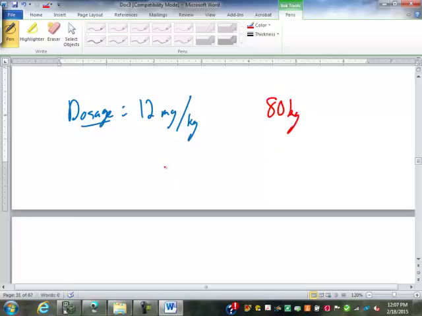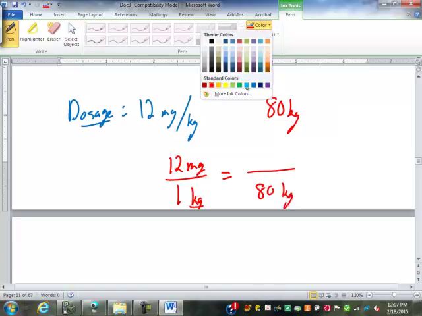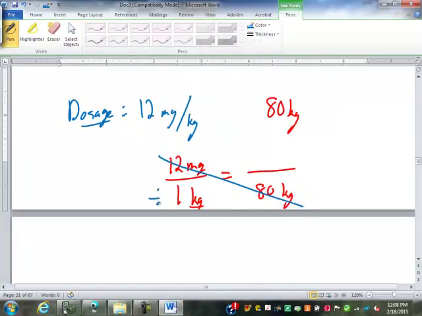So that means 12 milligrams per kilogram becomes 12 milligrams per 1 kilogram. 80 kilograms going on top or bottom? Goes on bottom, because that's where the other kilograms are. And we shall cross multiply and divide. 12 times 80 divided by 1 is going to give us 960 milligrams of medication to give.